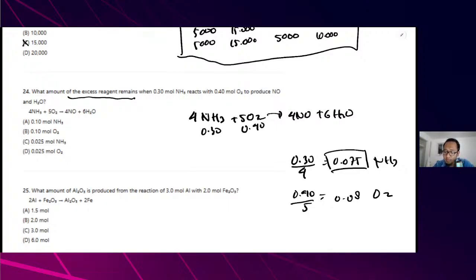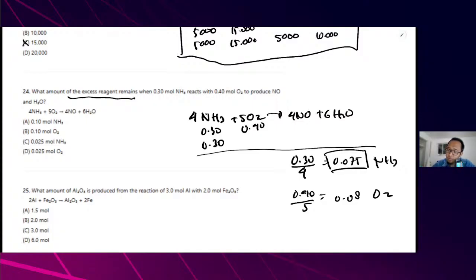Now we just plug in for the reactant. So 0.075 if we only have one, and then we put it over here like 0.30. It will be used up completely first.